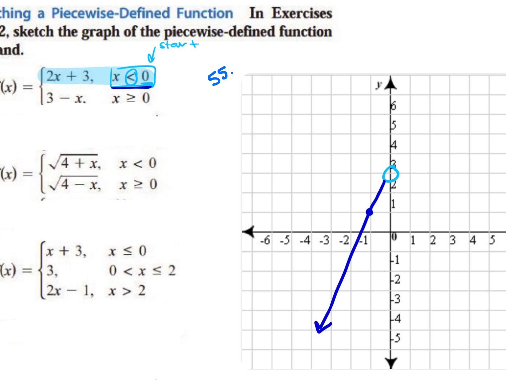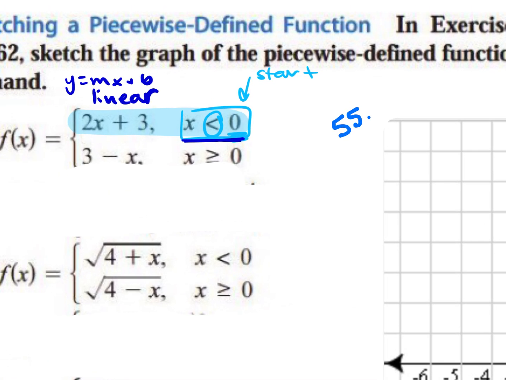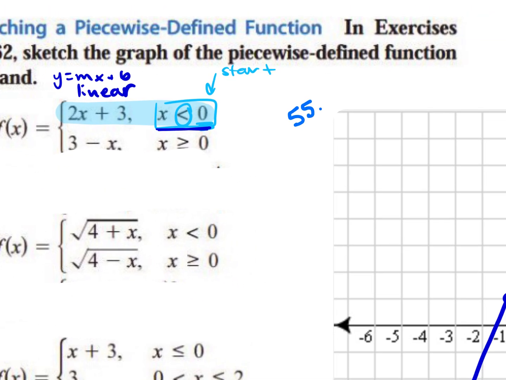But here, this is in the form of y equals mx plus b, so we know that it's going to be linear. So you really only need 2 points to make a straight line. So that's our first piece.